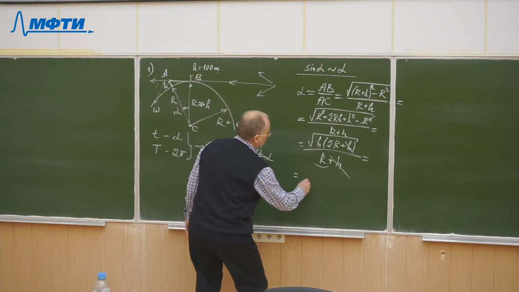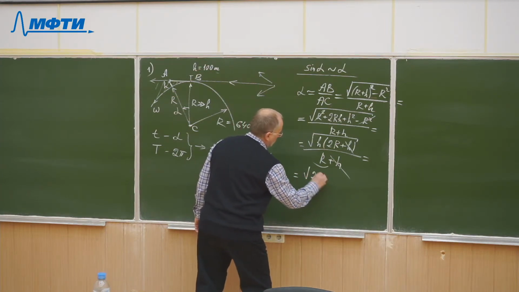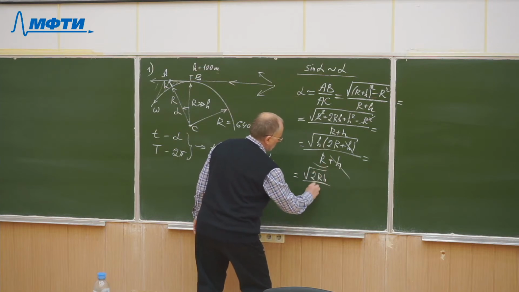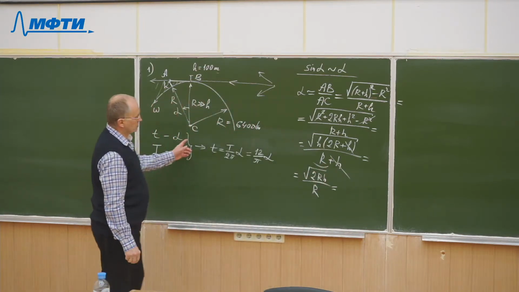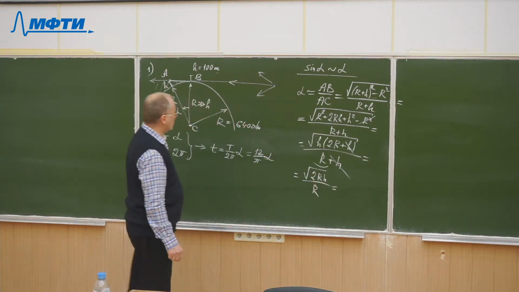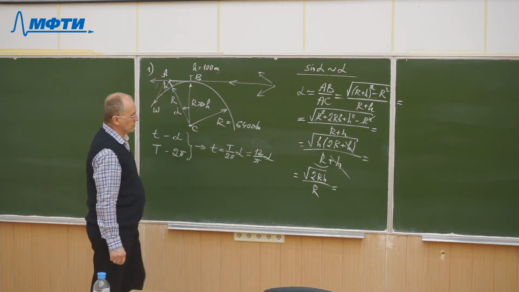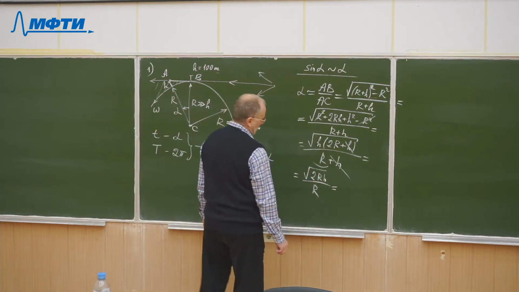So what we get as a result is the square root of 2rh divided by r. And what you need now is just to substitute the values for r and h and conclude this calculation.